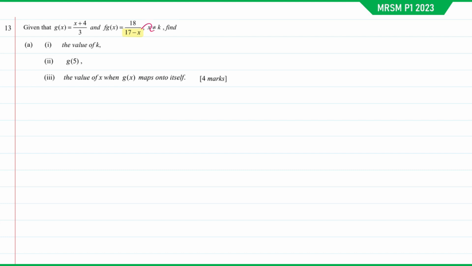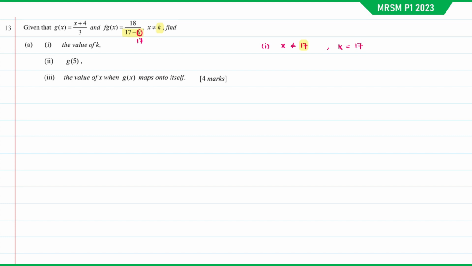The value of x that will cause the denominator to become 0 is 17, as 17 minus 17 is equal to 0. So x is not equal to 17. Therefore, when we make comparisons, k is equal to 17.